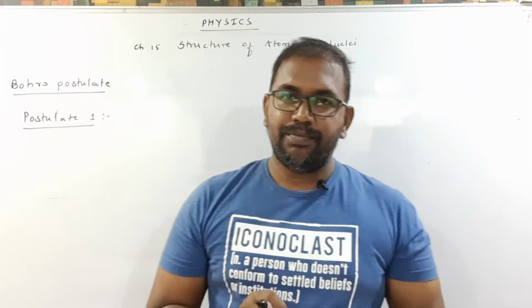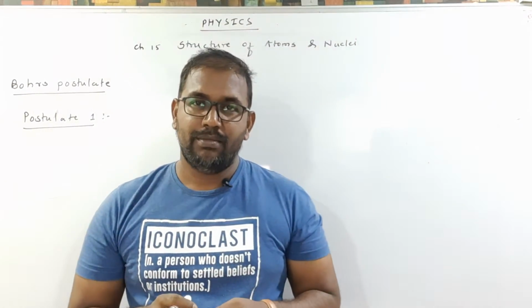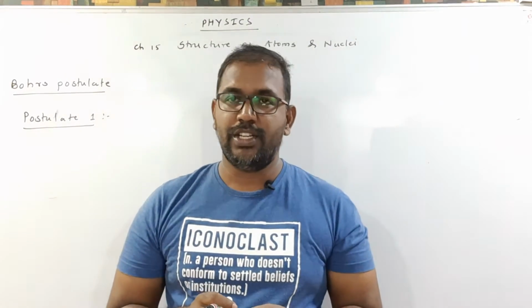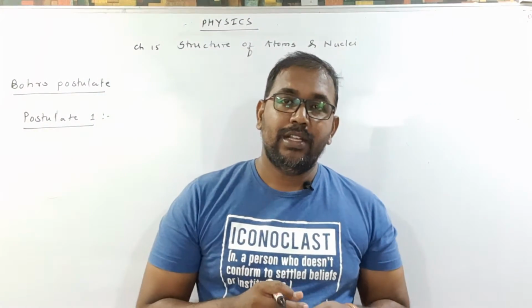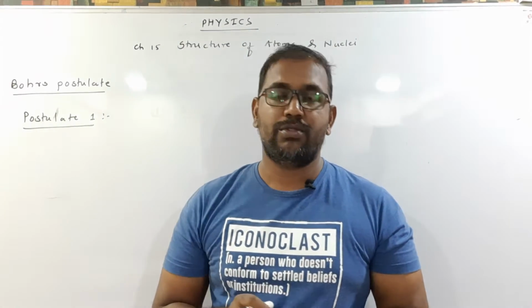We already learned the topic circular motion. In that, to maintain circular motion, a centripetal force is essential. In case of the electron, the centripetal force is provided by which force, that we have to write in postulate 1.